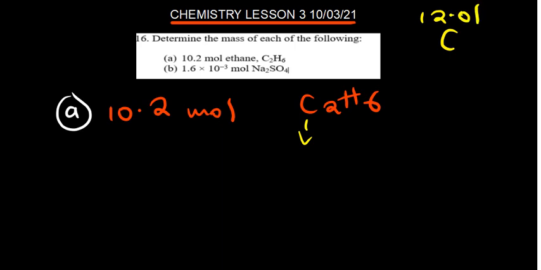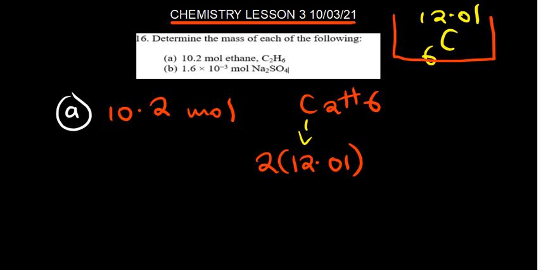The bigger value is what we call the mass number. So you multiply by the number of atoms in such a compound. If you look at this compound, we have 2 carbon atoms, so I'm going to multiply the 2 by 12.01. Then I add 6 multiplied by the molar mass of hydrogen, which is 1.008.